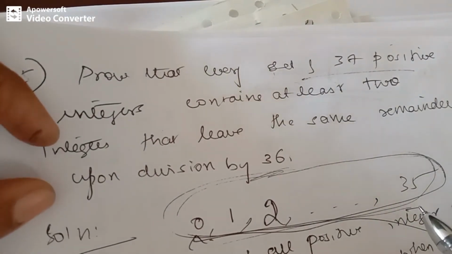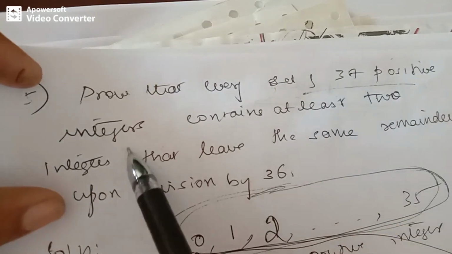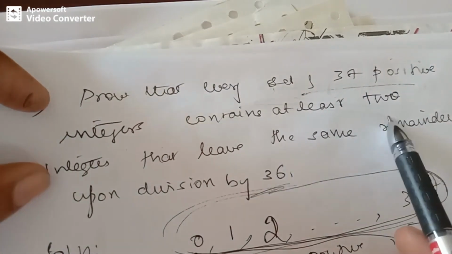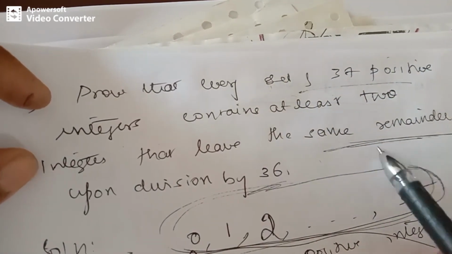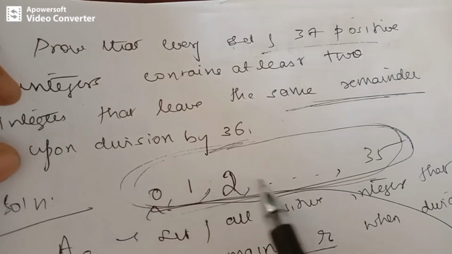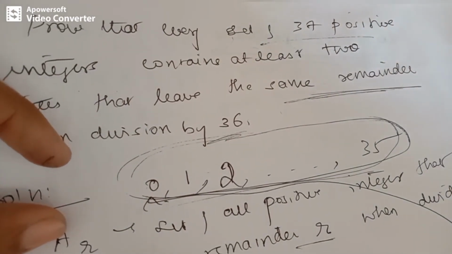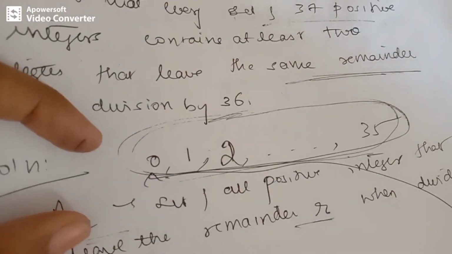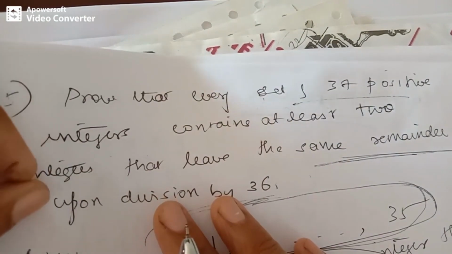So as per the question, it is very clear that if we take 37 positive integers, the set contains at least 2 integers that leave the same remainder. So this proves the result. At least 2 of them will leave the same remainder.